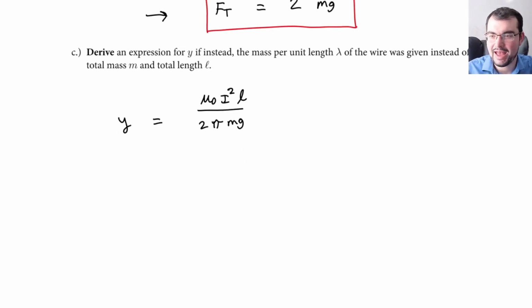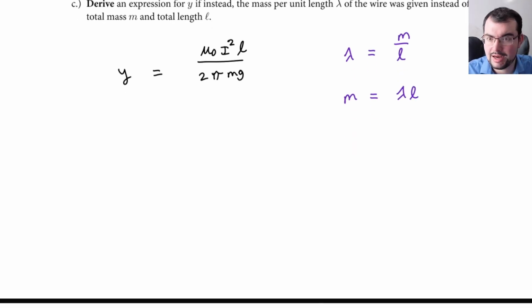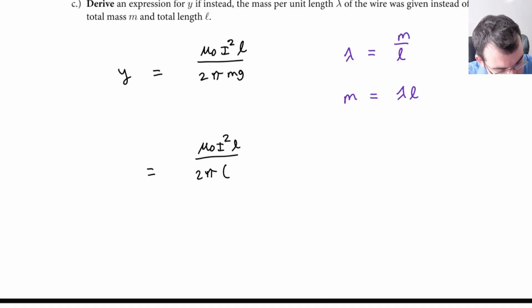So if instead of giving m, we were given this concept of lambda, which as per usual, is a length density. So lambda was defined as mass per unit length. So that means our mass could just be written as mass per unit length lambda times the length L. So all we got to do is substitute. M is actually just lambda times L, just like Q is lambda L for a length charge.